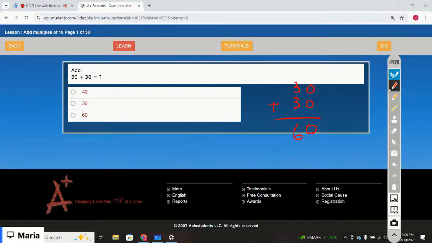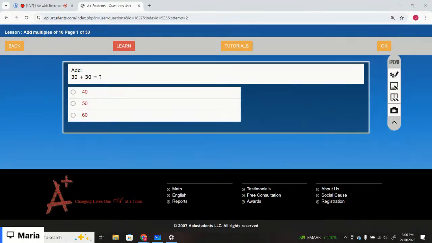So 30 plus 30 makes 60. The correct option is option number 3, 60.